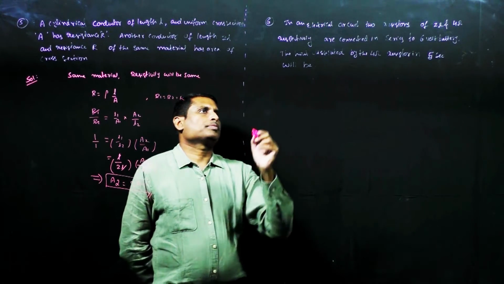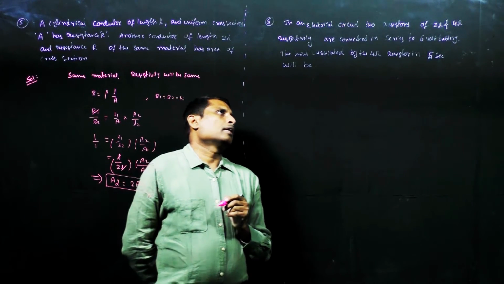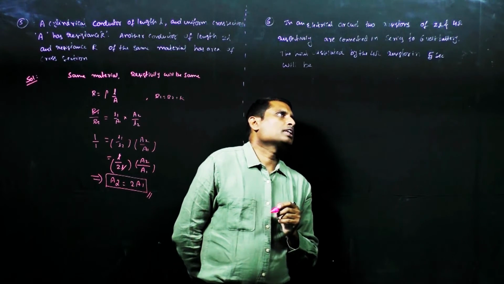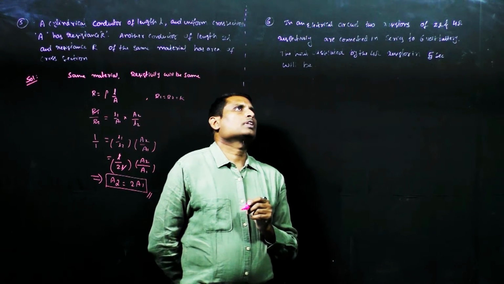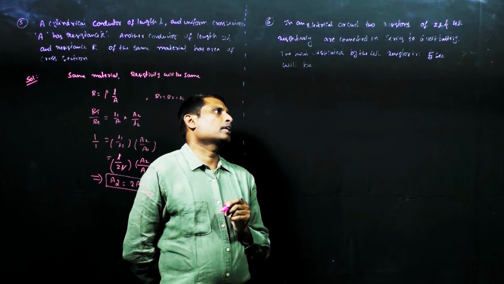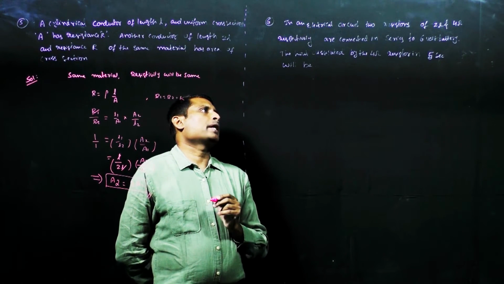Next problem. In an electrical circuit, two resistors of 2 ohms and 4 ohms respectively are connected in series to a 6 volts battery.